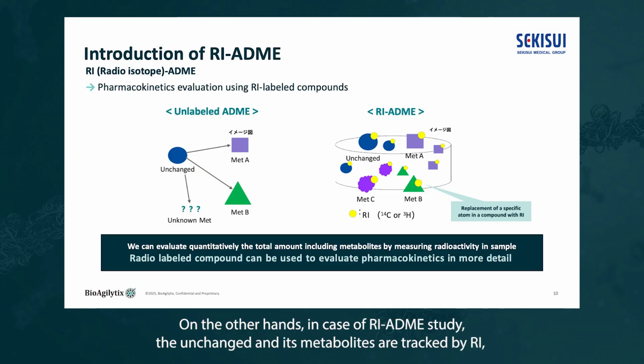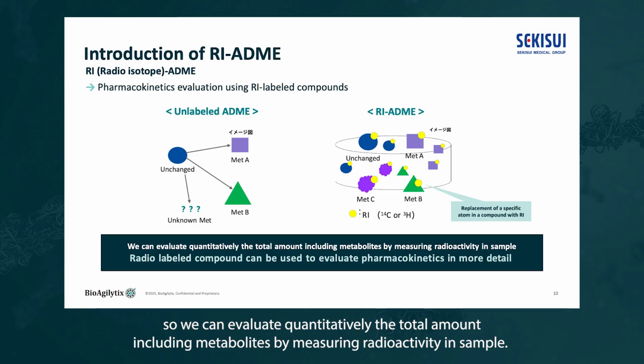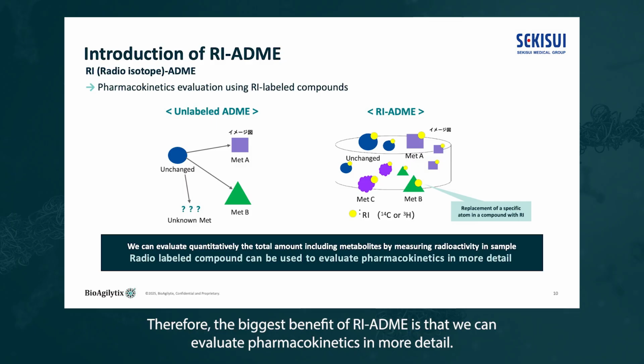On the other hand, in case of RI ADME study, the unchanged compound and its metabolites are tracked by RI, so we can evaluate quantitatively the total amount including metabolites by measuring radioactivity in the sample. Therefore, the biggest benefit of RI ADME is that we can evaluate pharmacokinetics in more detail.